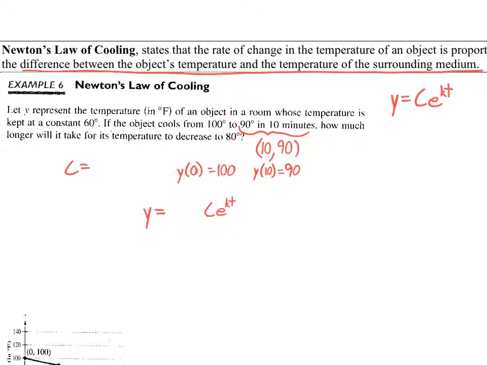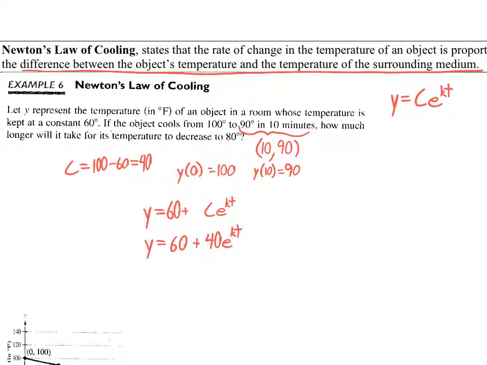So if Y is my temperature, then I need to do 60 plus that difference in temperature. So what's the starting difference in temperature? It's 40. So it would be Y equals 60 plus 40 e to the kt.